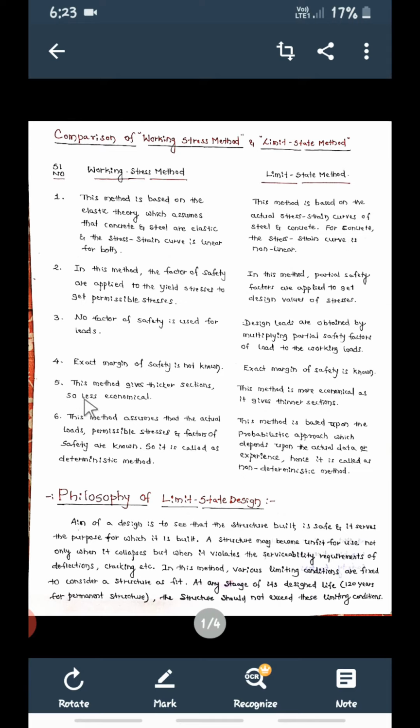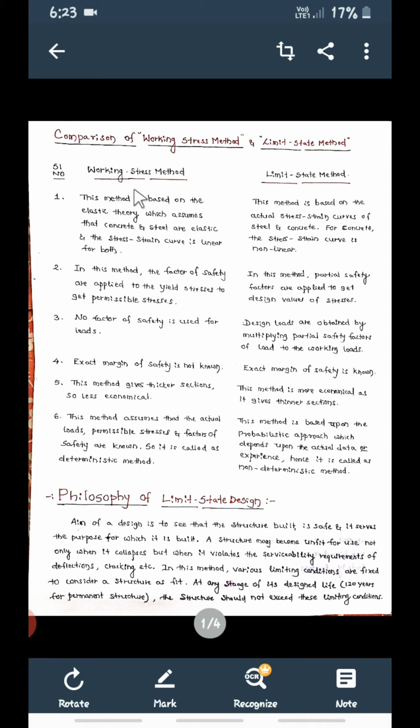Then the fifth difference is that the working stress method gives thicker sections, so it is less economical. When you design any element, suppose a beam, the size of the beam will be more if you use the working stress method. The dimensions will be more, and if the size is more, then automatically it will be less economical.